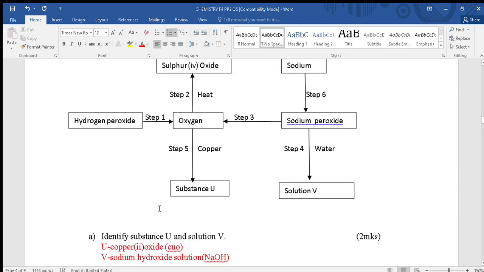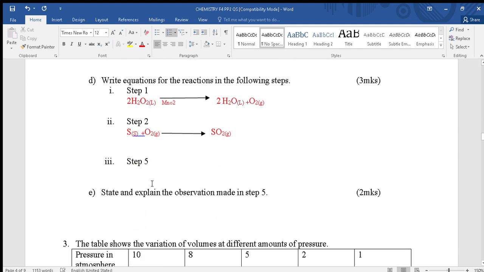In step 5 is where now you are reacting oxygen and copper. When oxygen reacts with copper, you form copper 2 oxide. Okay? So at this step 5, you're going to have copper reacting with oxygen. Remember, copper is Cu. And this copper is a solid, so you have to indicate here that copper is usually a solid.